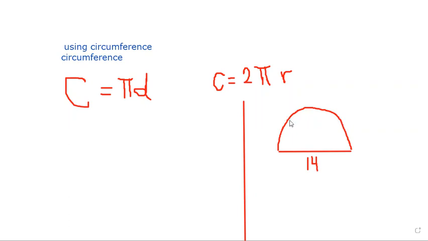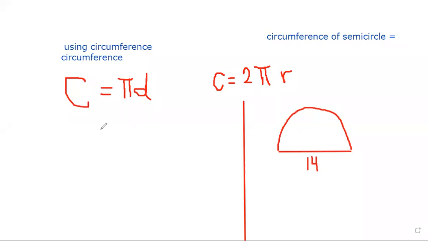The circumference of a semicircle will be pi r only. We said the circumference of a circle is 2 pi r, right?